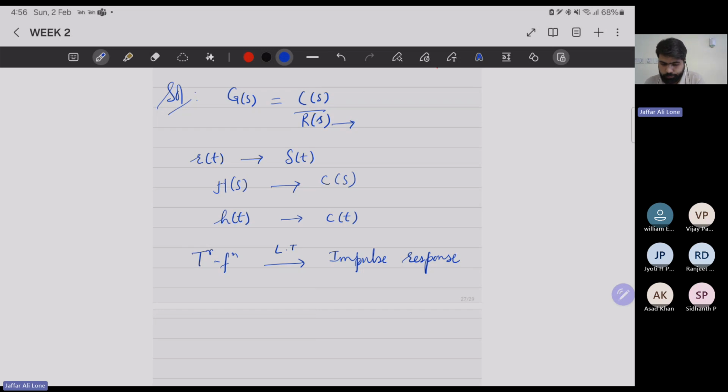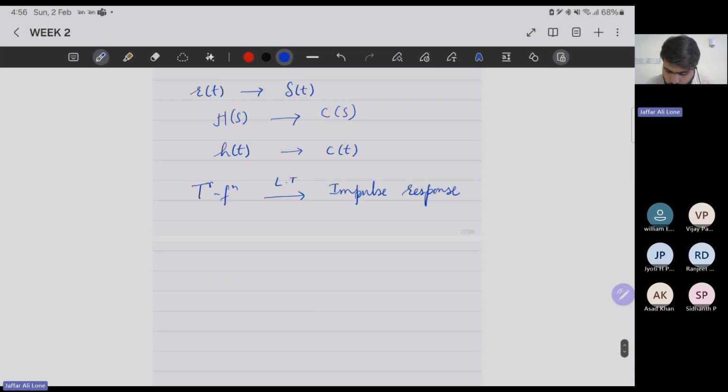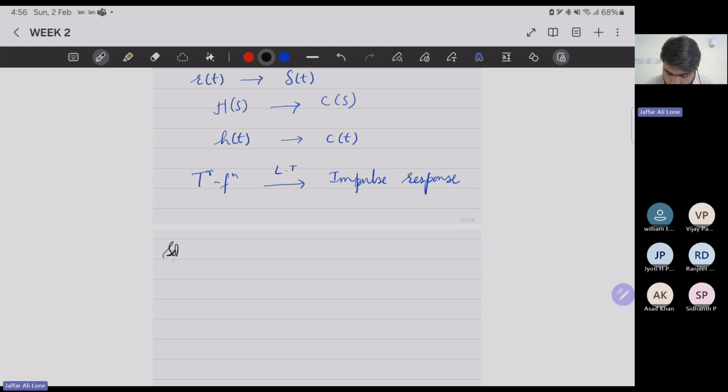Now coming to the question, we are given that the system has two simple poles at s equals minus 2 and minus 4, and one simple zero at minus 1. Based on this, can we write the transfer function? We can of course write the transfer function based on this information.